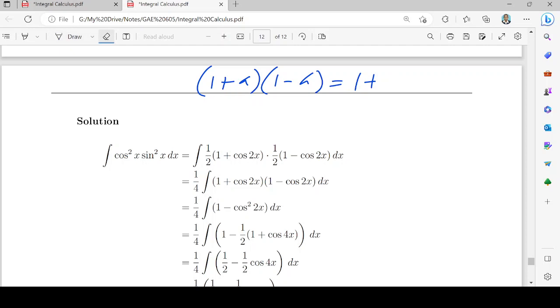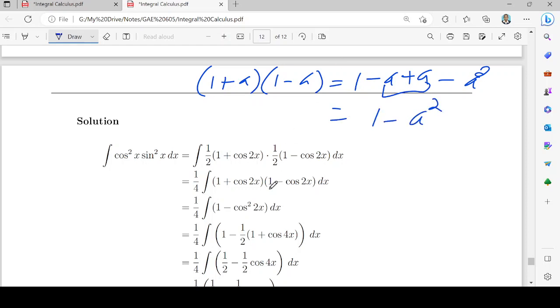The first term is 1 times 1, which is 1. Then 1 times minus a becomes minus a. Then the next one is a times minus 1, which is plus a. And the last term will be a times minus a, which is minus a squared. Now the middle terms add up to 0, and we get 1 minus a squared.